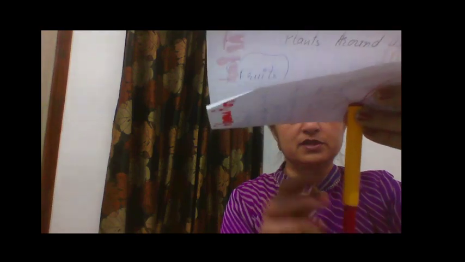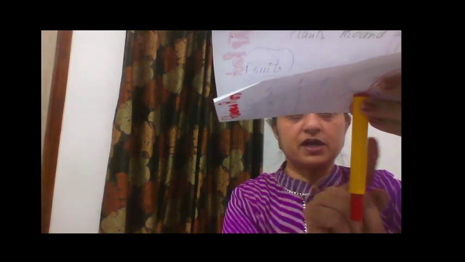So if I talk about taproot, it is a single root coming out like this, and the other roots grow from this part. The smaller roots arise from here. It is the single root. This is the taproot I am talking about.